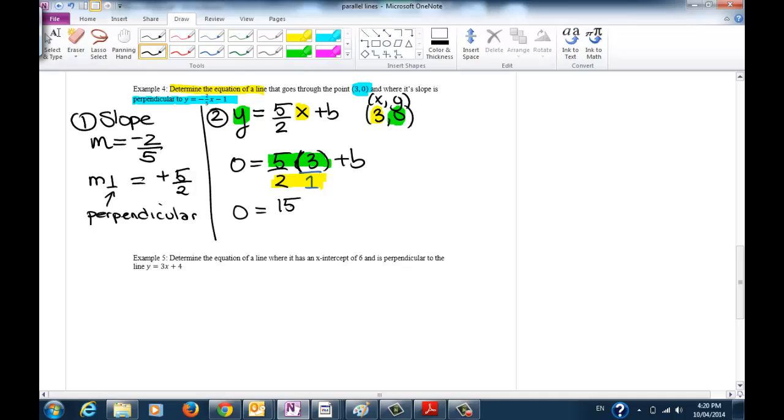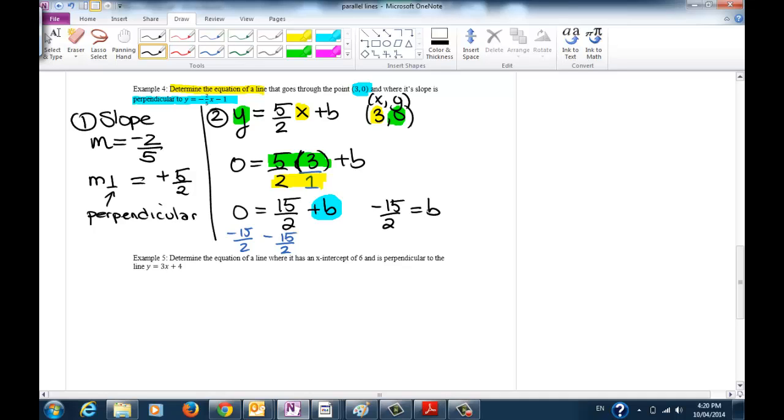So I end up with 15 divided by 2 plus b. Now I'm trying to solve for b, so I need to isolate b. I'm going to subtract 15 over 2 from both sides, which gives me negative 15 over 2 equals b.